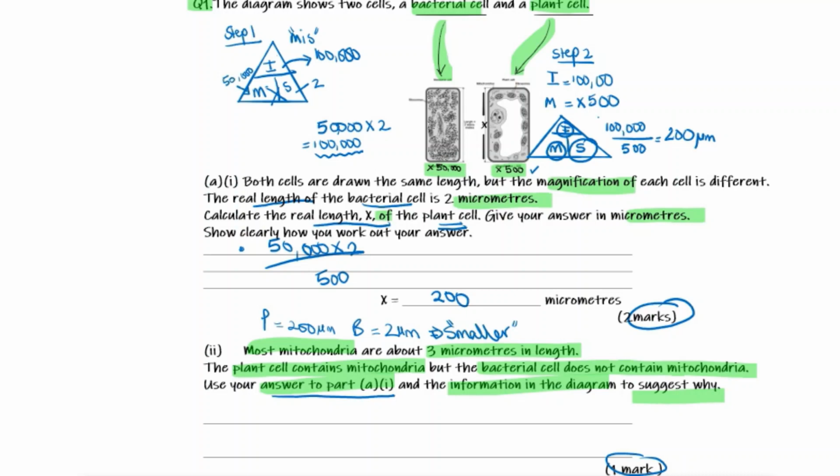If we continue looking at the information in the diagram, we can then see that the bacterial cell had to be magnified a lot more than a plant cell had to be magnified. So again, that suggests that the bacterial cell is smaller. Our answer here is the bacterial cell is much smaller than the plant cell.